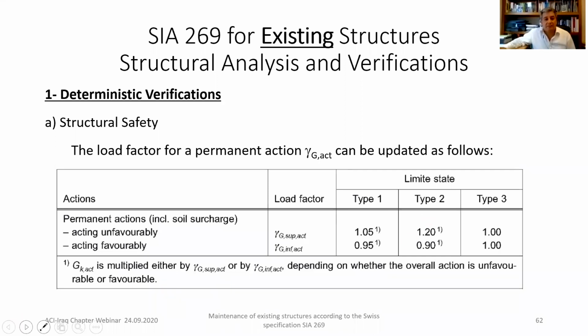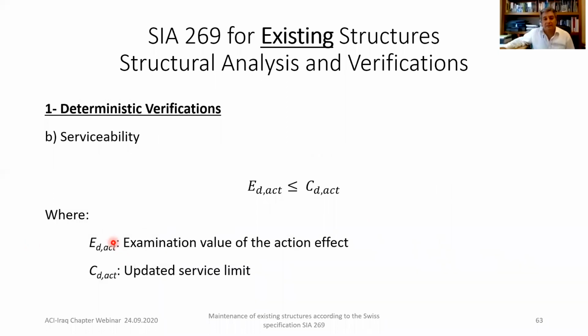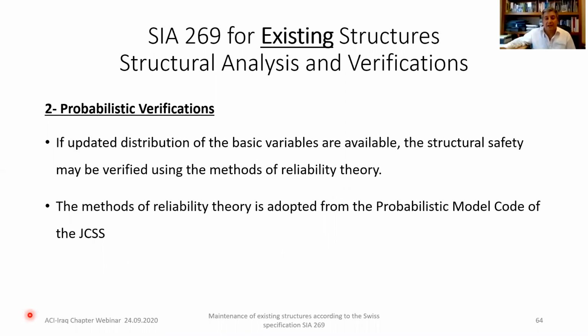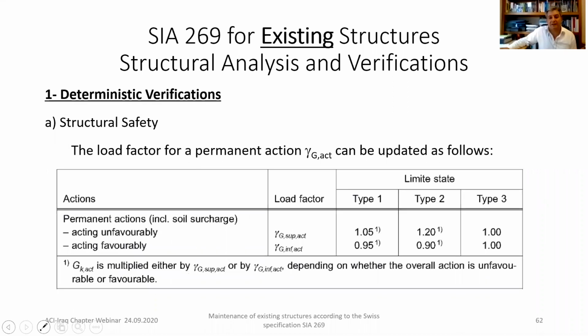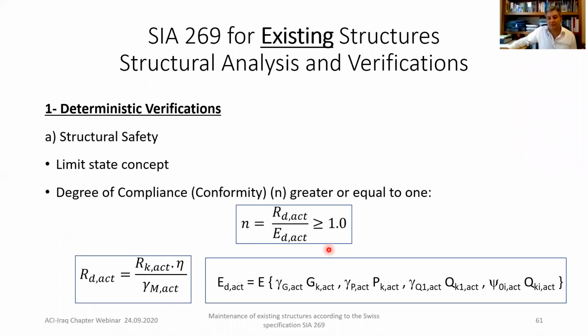For serviceability, nothing has changed because it's the same, but we focus more on the ultimate limit state. Now, when you check the analysis of your existing project and you find that your structure is not conforming, that means the limit state condition I mentioned here is not satisfied, that means N is less than 1.